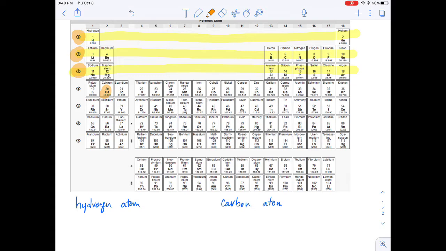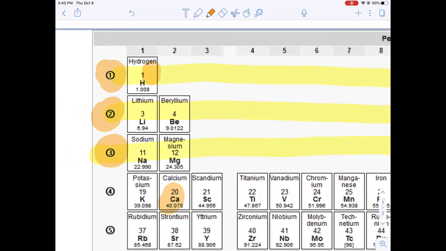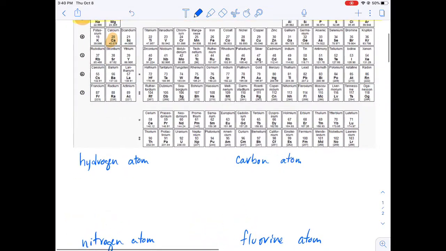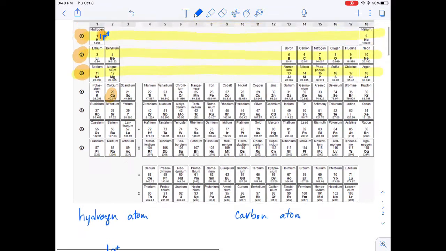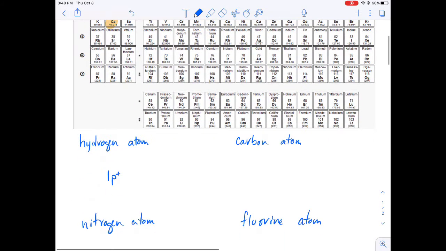A hydrogen atom has one proton because its atomic number is 1. So a hydrogen atom has one proton and it has one electron in the first orbital. So it's got an orbital that goes around it.